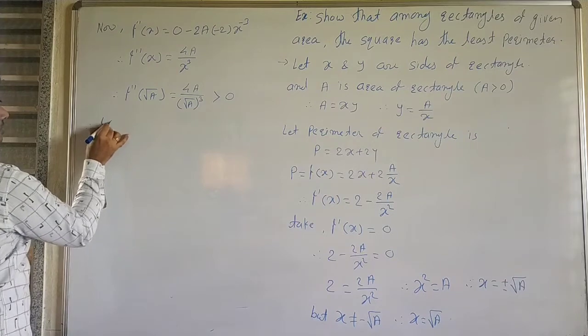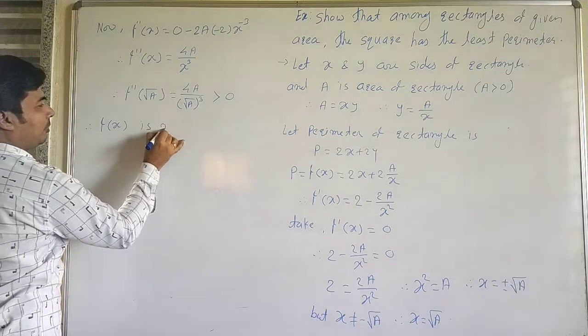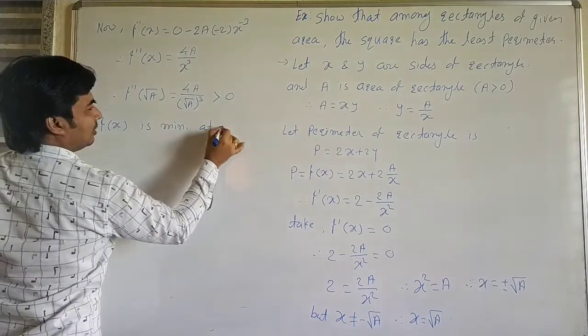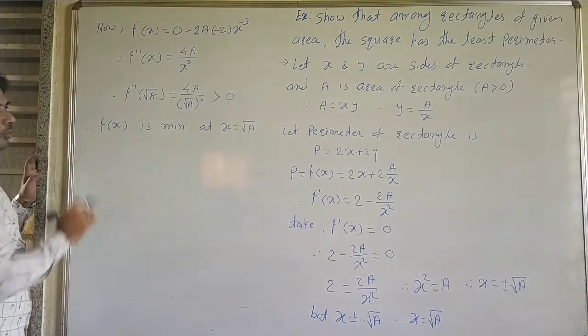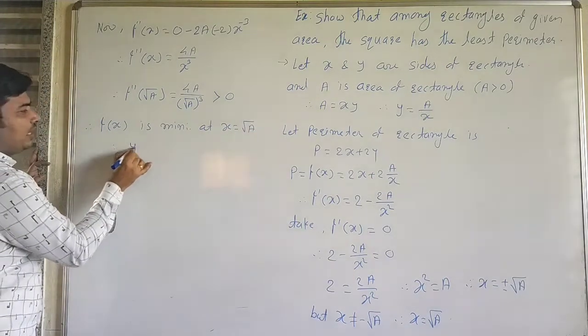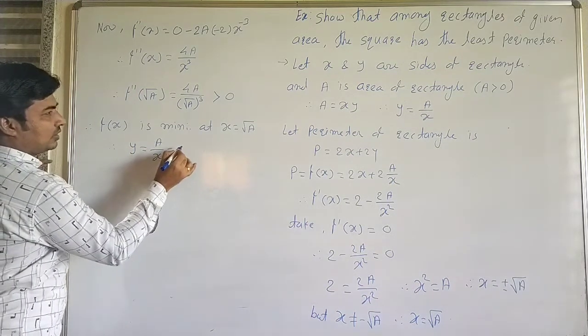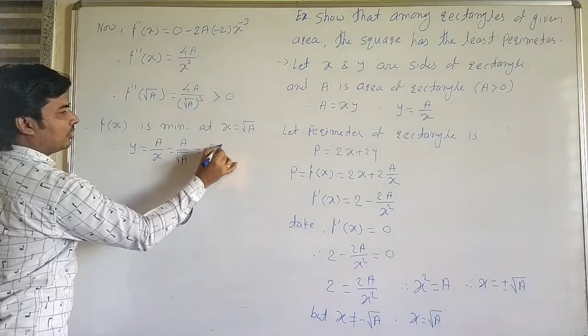Therefore f of x, the perimeter, is minimum at x is equal to under root a. Therefore y is equal to a upon x, that is a upon under root a, and it is under root a.